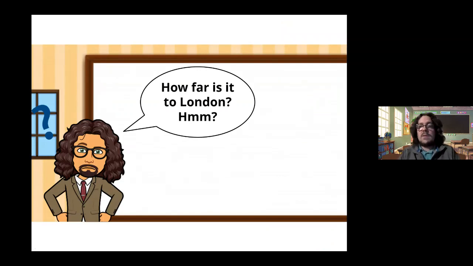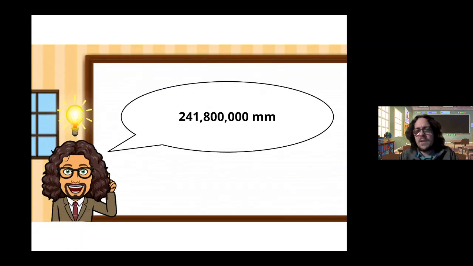Now, to explain why we need to convert units, I'm just going to direct you to this question: how far is it to London? I'm sure a lot of you might have some idea of the order, but if I was to give you this answer, you'd think that was a little odd, even though it's technically correct.